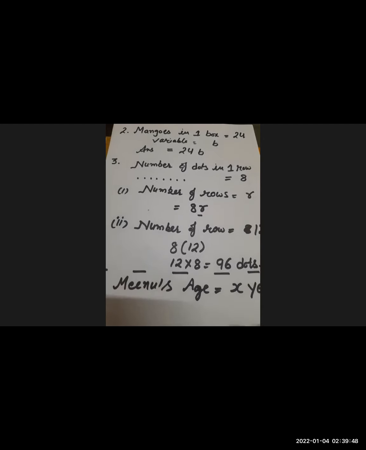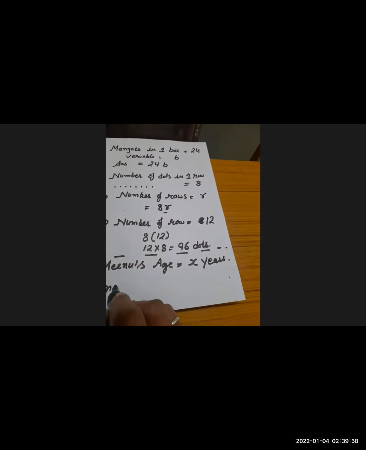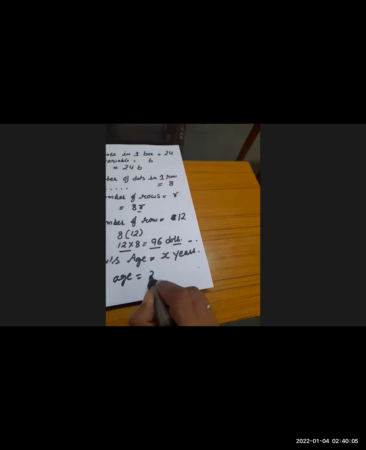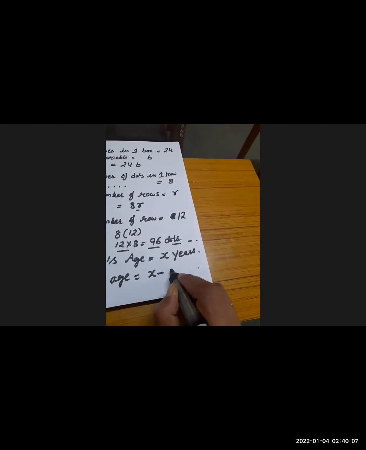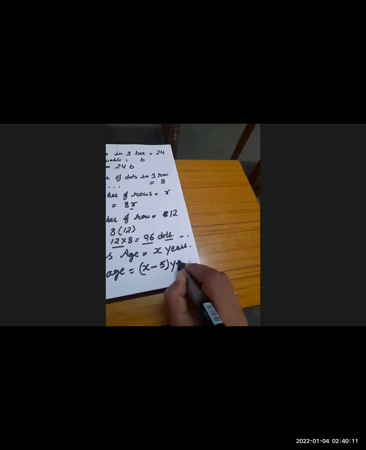Now students, write Minu's age is X years and Anu is 5 years younger than Minu. Then write Anu's age. Anu's age is X minus 5 years.